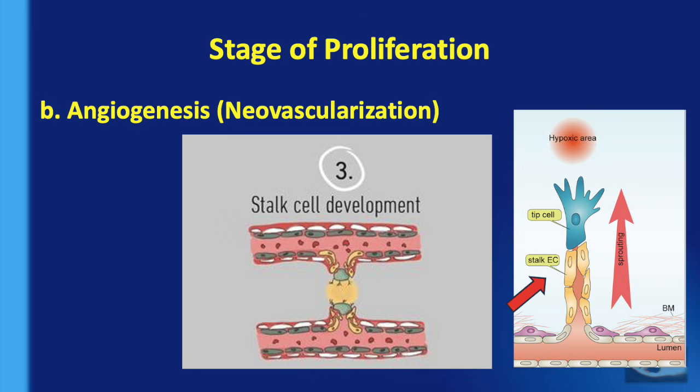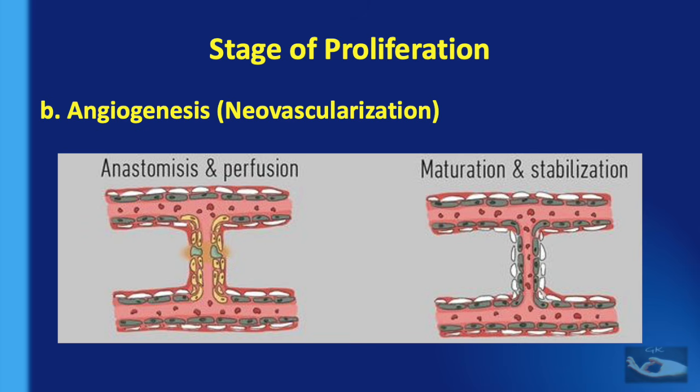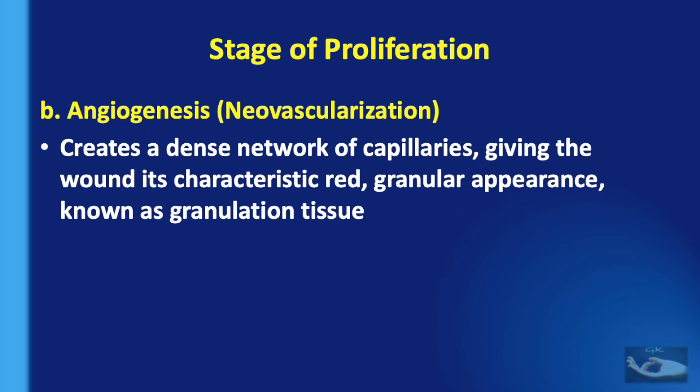These tip cells are followed by the stalk cells, and as they get in touch with each other, anastomosis between the two sprouting vessels occurs and perfusion increases. Ultimately, there is a dense network of capillaries giving the wound its characteristic red granular appearance known as granulation tissue.